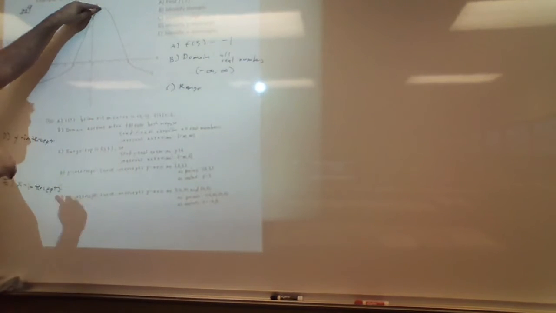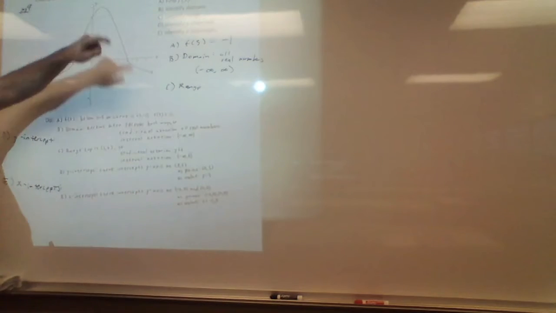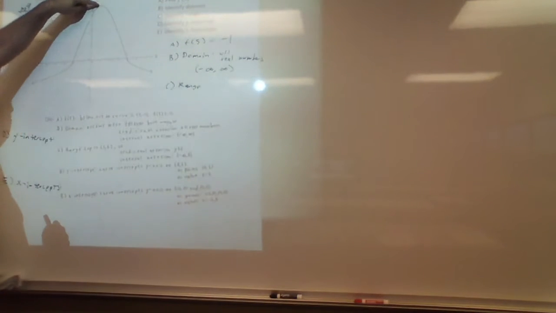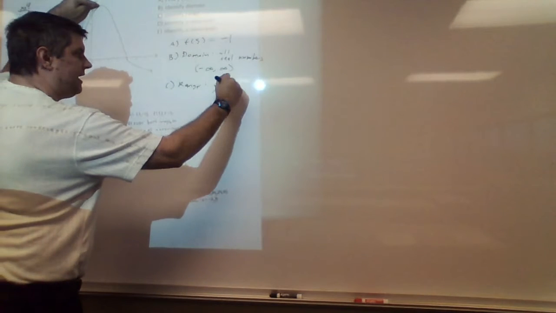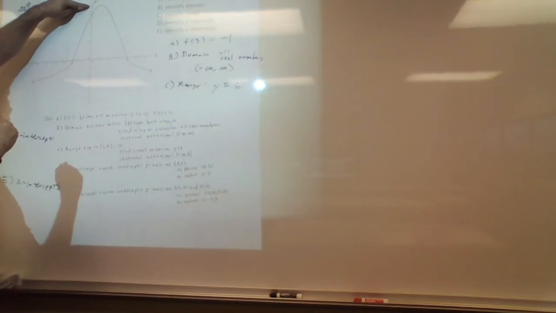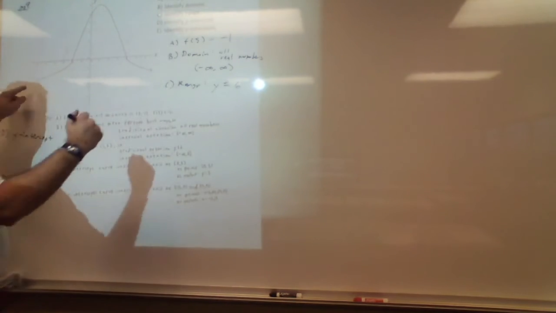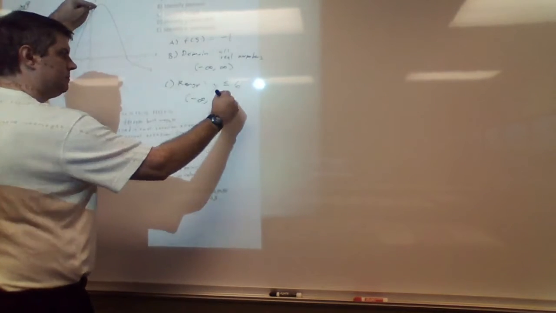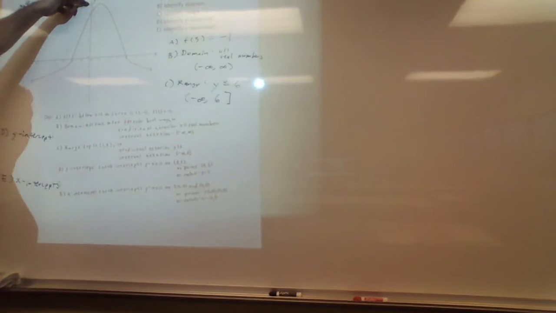But there's an upper limit to the y, and that is 6. The upper limit is 6, but there's no limit to how low they can go. So y is less than or equal to 6. In interval notation, the lower limit would be negative infinity, but the upper limit would be 6. That's the highest y-coordinate we can have.